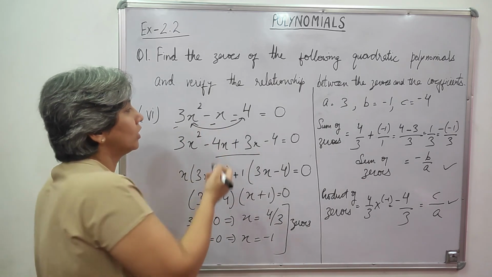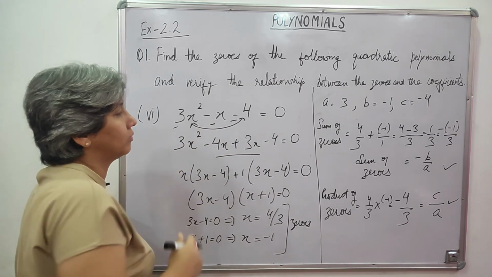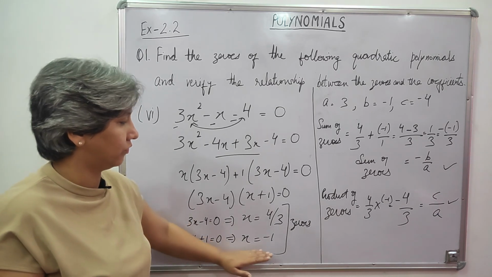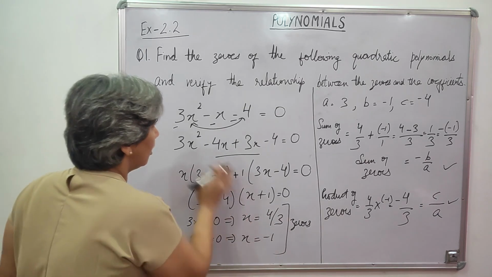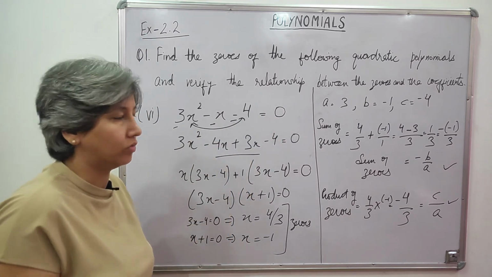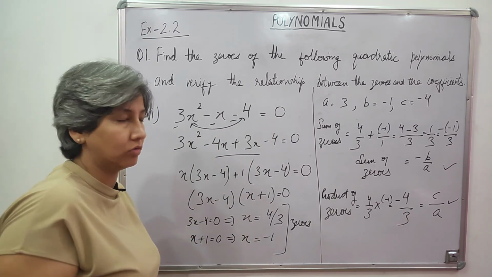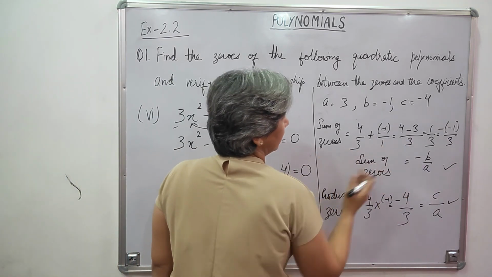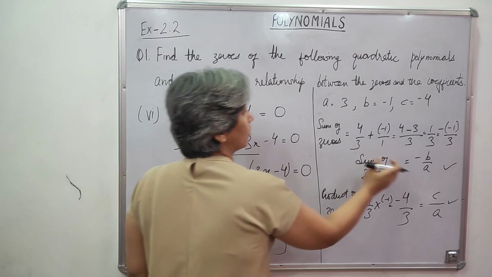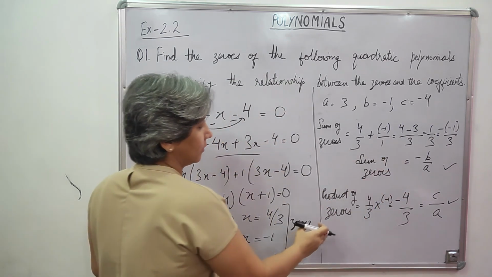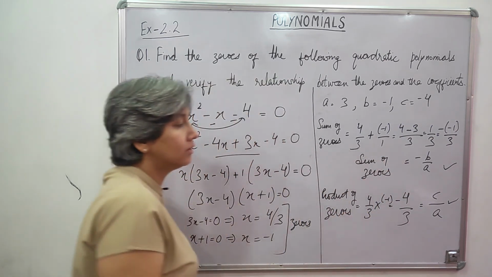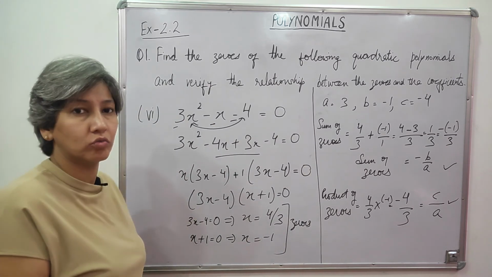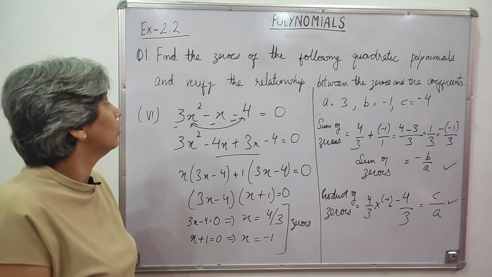If you just have two numbers, you can't have the middle term splitting, then you can simply solve it to get the value of zeros, get the value of x for which my whole equation is equal to 0, right? That particular value of x is called zeros, and then you will verify whether sum of zeros is coming out to be minus b by a, and similarly product of zeros is c by a or not, right? So with this, our first question is done for 2.2.